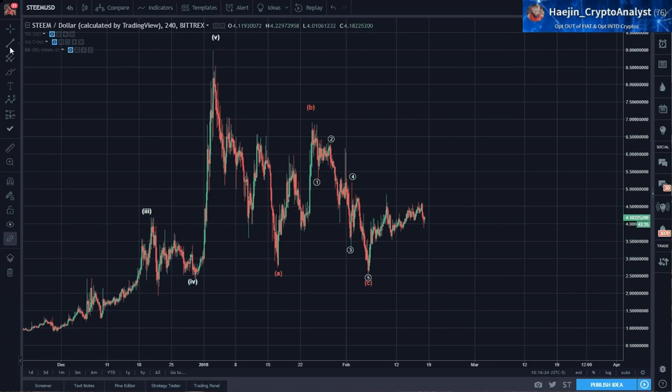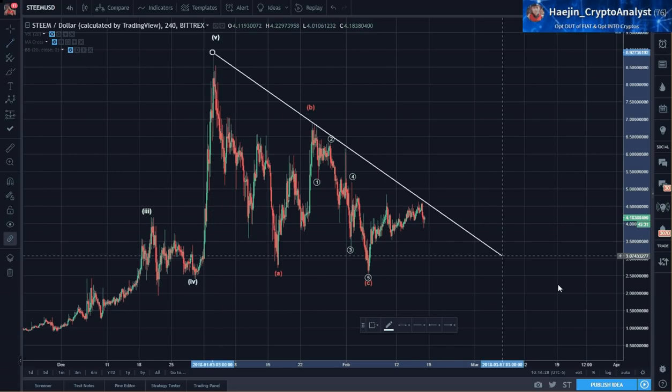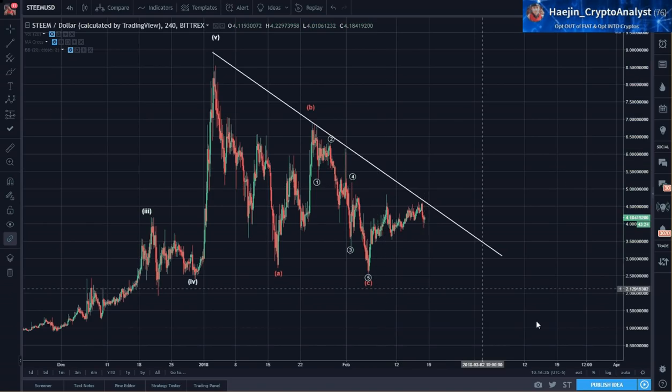So far, it has hit a trend line resistance right there, just nicked it.